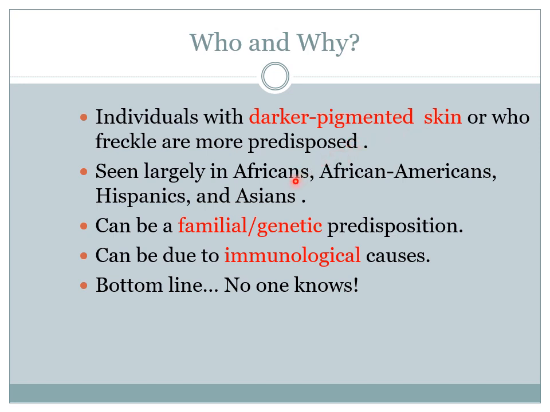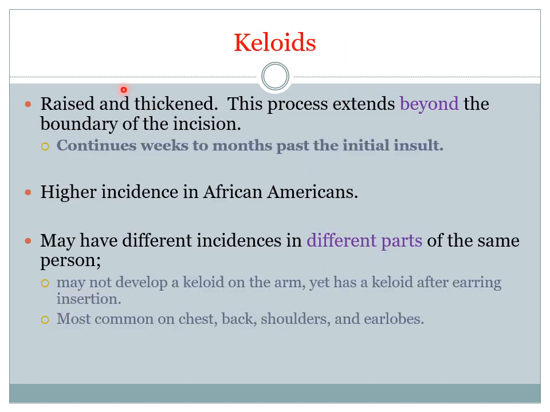It is seen largely in Africans, African Americans, Hispanics, and Asians. It can be familial or genetic, can be due to immunological causes. Nobody knows, so the etiology is unknown for sure. Here the scar is raised, thickened, and extends beyond the boundary of the incision. It continues weeks to months past the initial insult. It is higher in Africans and Americans.